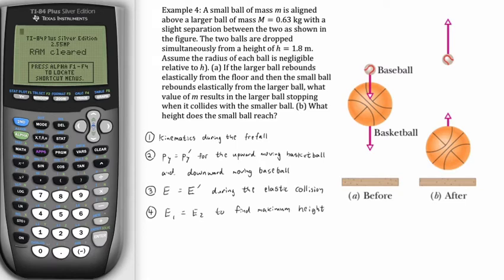And certainly for step one, we could use conservation of energy for the free fall to find the velocity, but let's just do a review here and do kinematics, so we can do that to find the velocity when they hit the ground. Okay, which of course will be independent of the mass, so they're both going to be traveling the same speed at the moment of the collision, but in opposite directions.